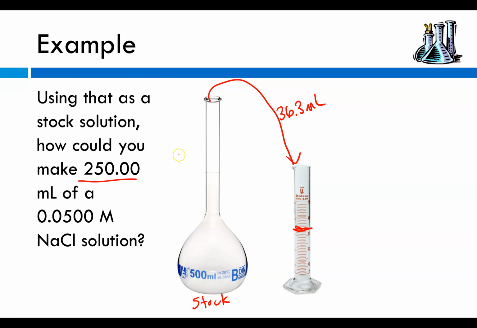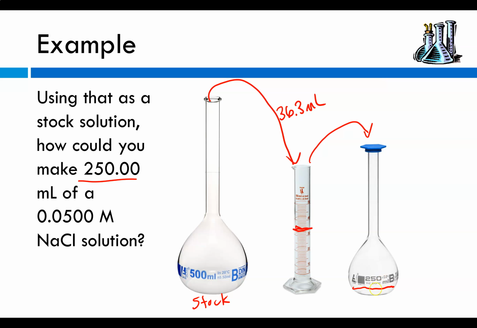I need to make 250 milliliters of my dilution. What size volumetric flask do I need? Yeah, the 250. So I've got my 250 milliliter flask. Of course, I'll take the cap off of it before I go to transfer the solution into the new volumetric. Now, just because I've put it in the smaller volumetric flask doesn't mean the concentration has changed.